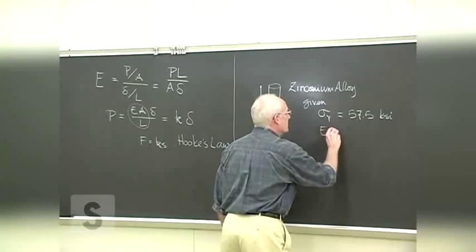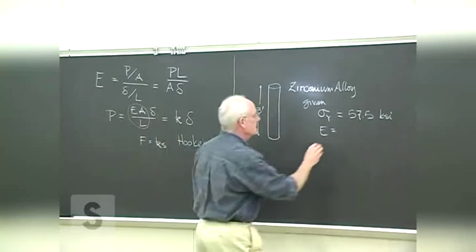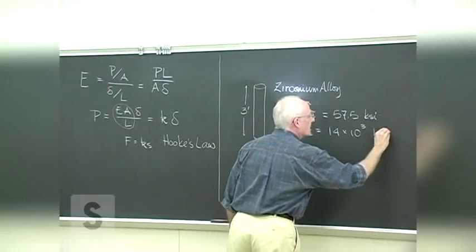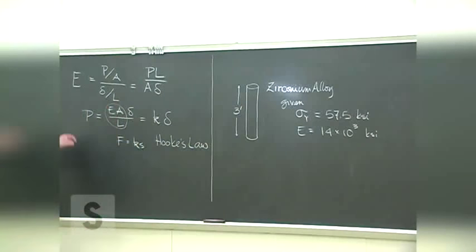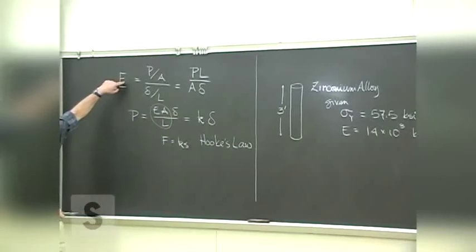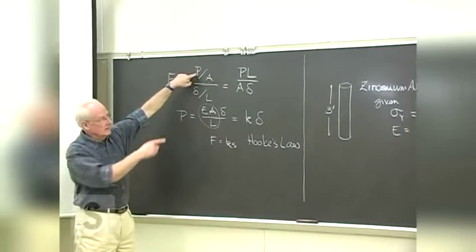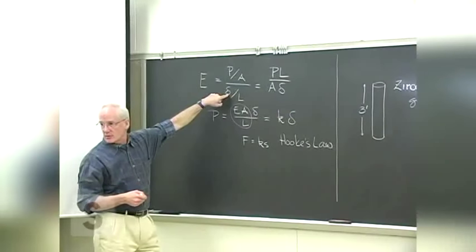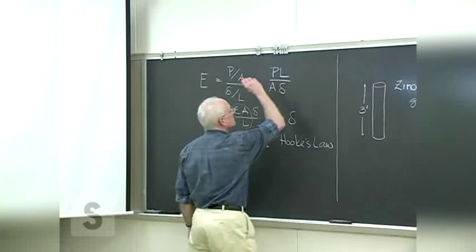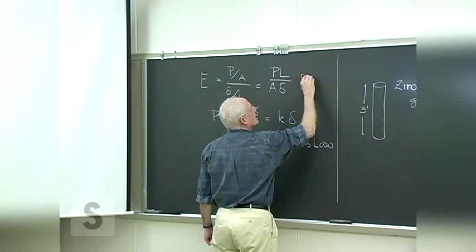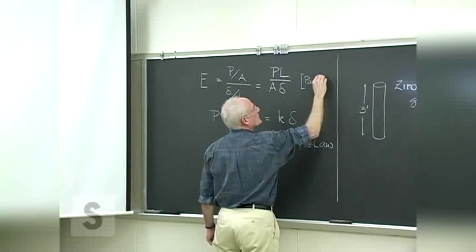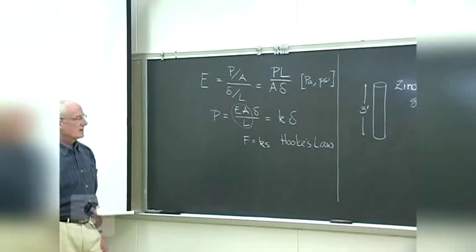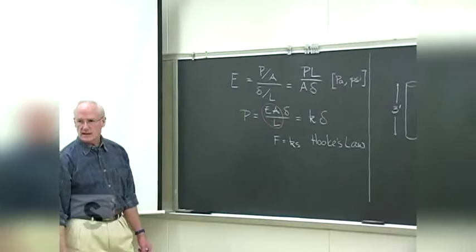The modulus of elasticity is 14 times 10 to the third KSI. Now, remember, the modulus of elasticity is units of pressure, like KSI, over units of inches per inch or meters per meter. So the ultimate units on the modulus of elasticity are either pascals or PSI, or their brothers and sisters, KSI and kilopascals and the like.